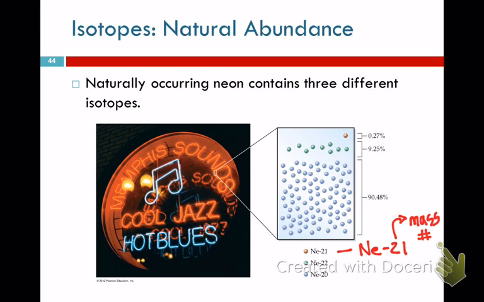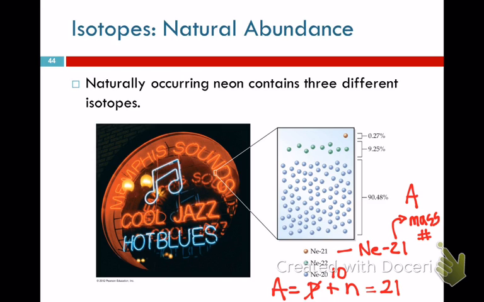So the mass number reflects protons plus neutrons. It usually gets the symbol A, and A is protons plus neutrons. If that's equal to 21 and the protons is equal to 10, N has to be 11. There's 11 neutrons in that one.